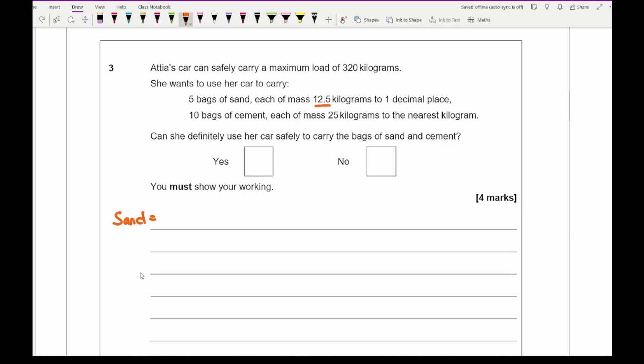So here we've got 12.5 to the nearest one decimal place, so that's going to be 12.5 plus or minus 0.05, because half of a decimal place is 0.1 divided by 2, which is 0.05.